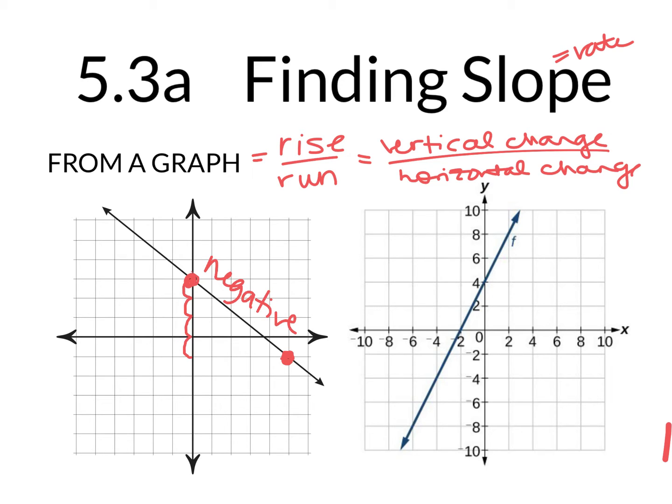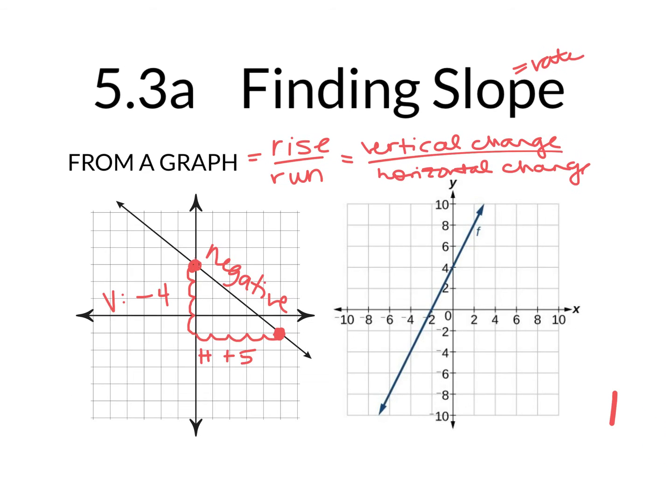It looks like I'm going down 4. So that is a vertical change of -4. And then horizontally, 1, 2, 3, 4, 5. I'm going to go a positive change of 5 in the horizontal direction. So when I write my slope here, the final slope for this question is going to be -4 over 5.